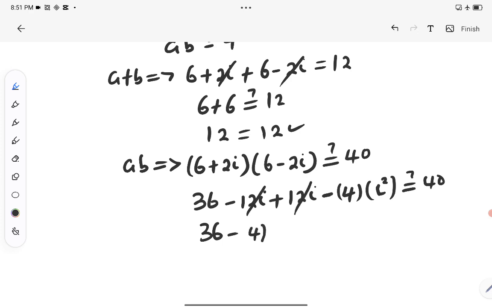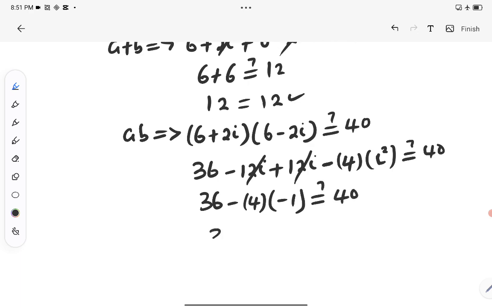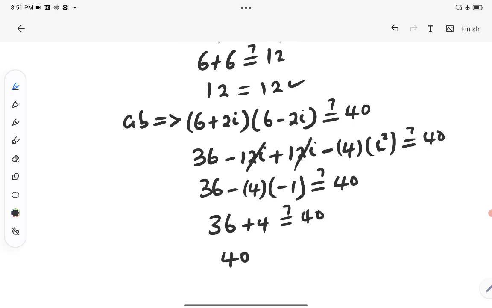Minus 4 multiplied by I square, with I square being minus 1, this is 36 minus 4 multiplied by minus 1. This is plus 4 must be equal to 40. 36 plus 4, here is 40, is equal to 40, which is true.